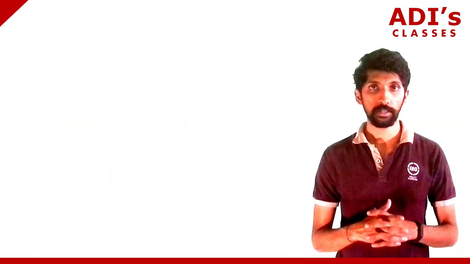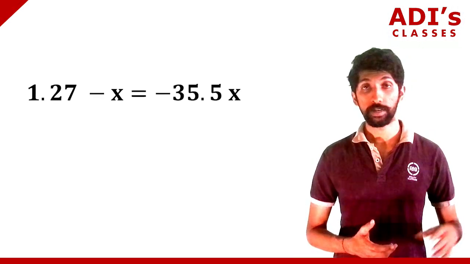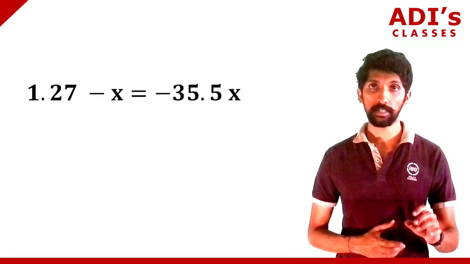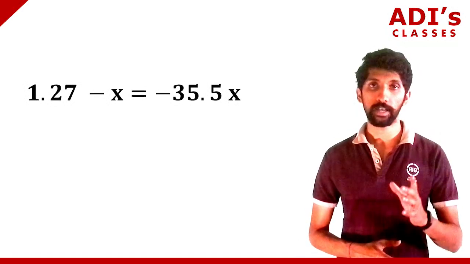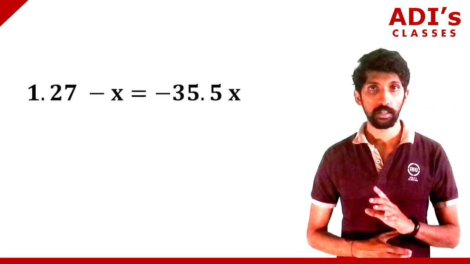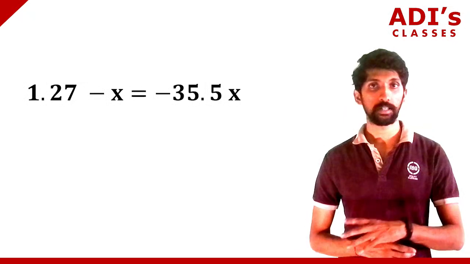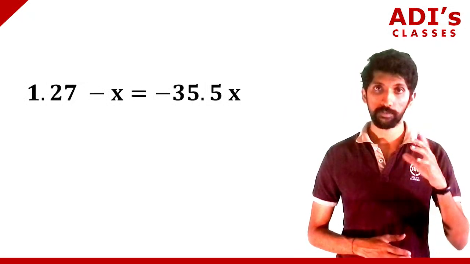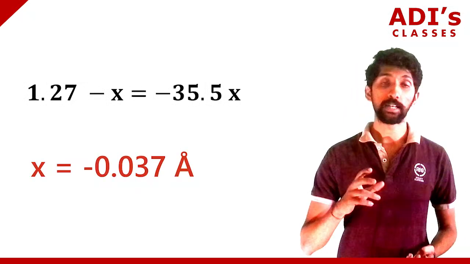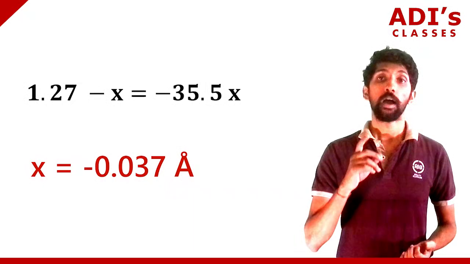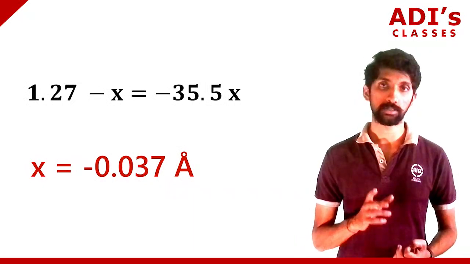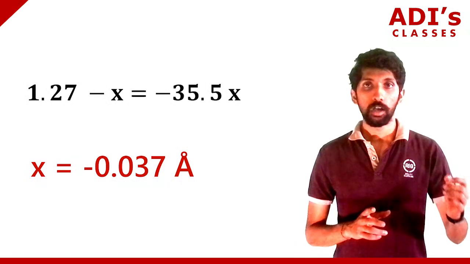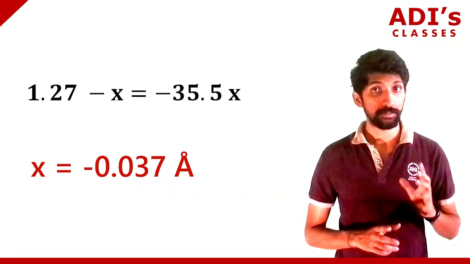Now if you simplify this, we get 1.27 minus x is equal to minus 35.5x. Once you take x to the RHS and figure out the answer for x, we get x value to be minus 0.037 angstrom. Now we are getting a negative sign.